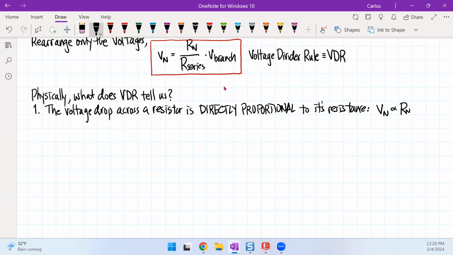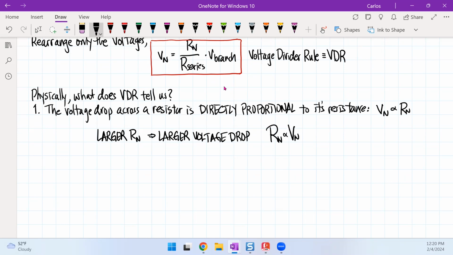So in other words, a larger or higher resistance value immediately tells you that you have a larger voltage drop across that resistor. In other words, because Rn is so large, we would expect it to have a higher voltage drop.